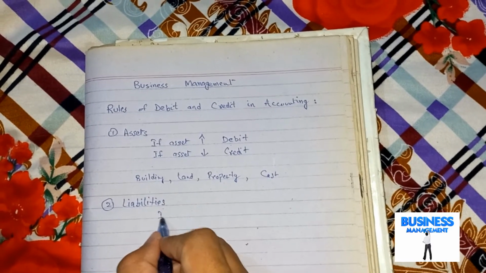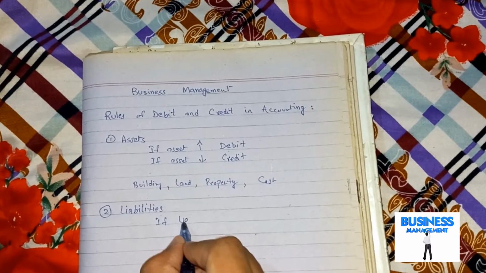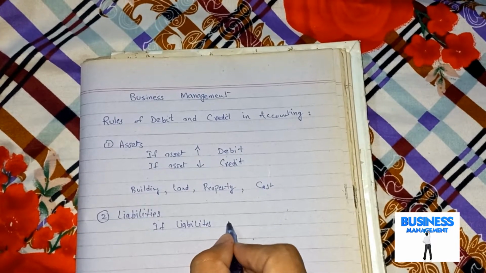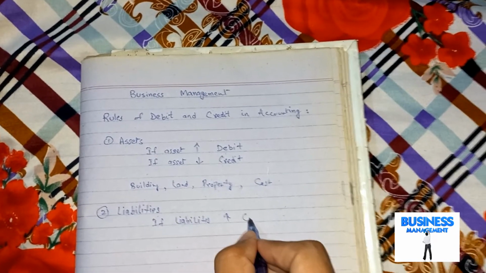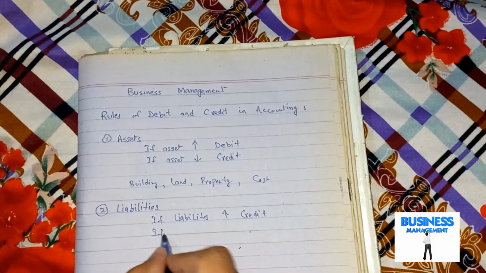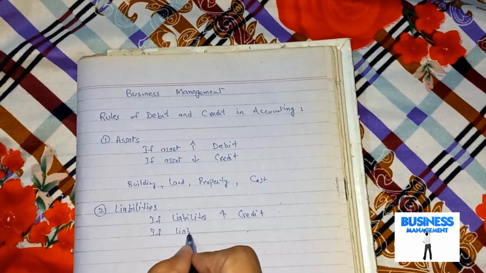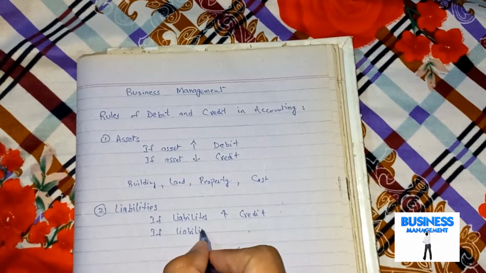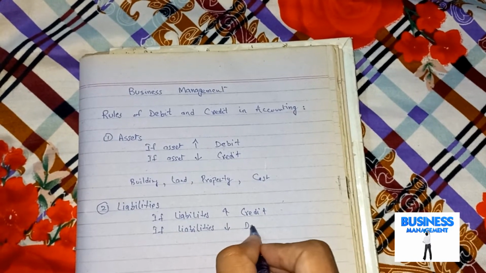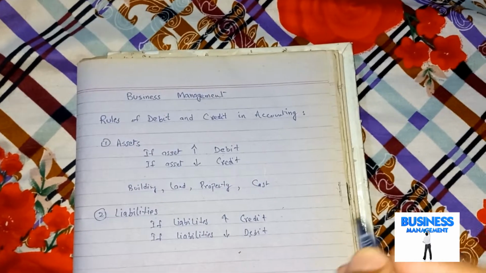If liabilities increase, this will be credit. If liabilities decrease, this will be debit.